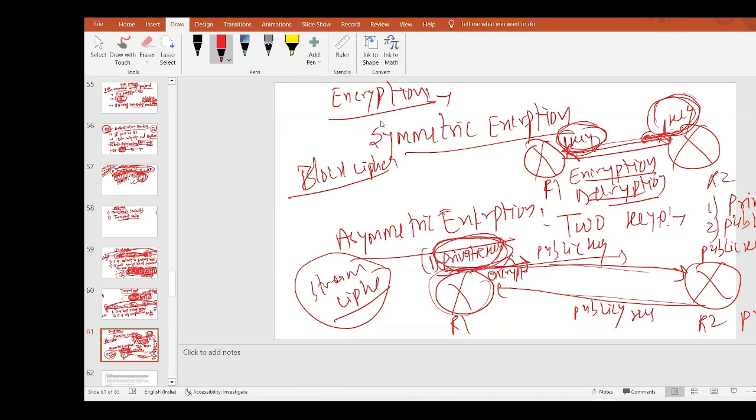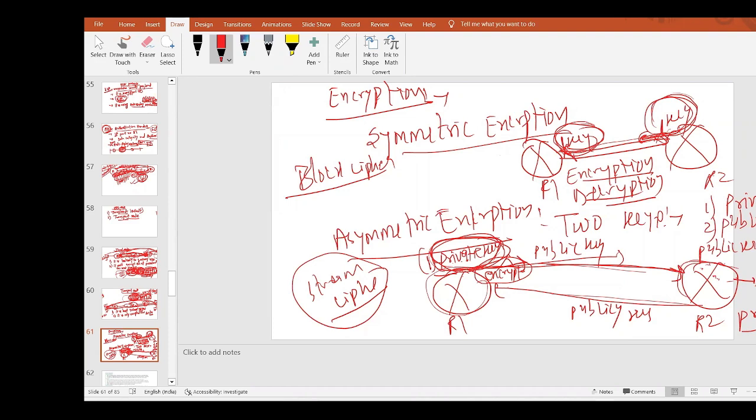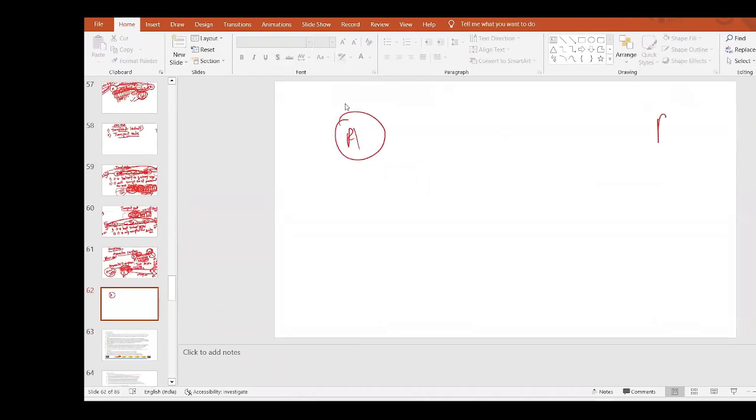So it uses its own private key to encrypt the packet and forwards it to the peer. Router 1 uses its private key for encrypting the packet. Then router 2 will use, okay, guys, tell me, router 2 has how many keys? Two keys. One is its own private key, the other one is the peer R1's public key.